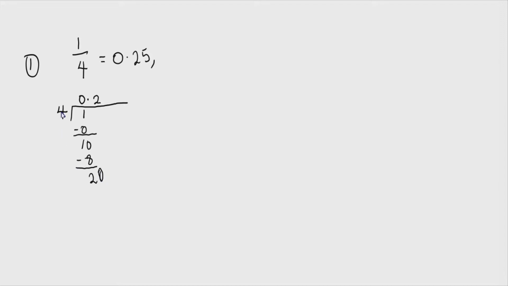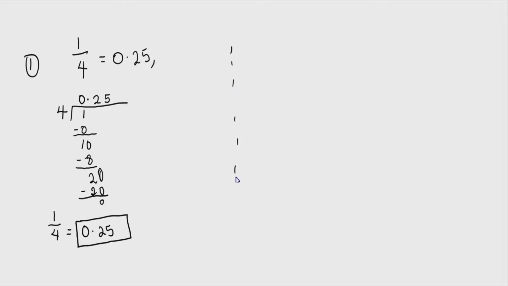And 4 in 20 is 5. 5 times 4 is 20, and then here you have 0. That ends the division, and this becomes our answer. So 1 divided by 4 is equal to 0.25. And that's the answer.